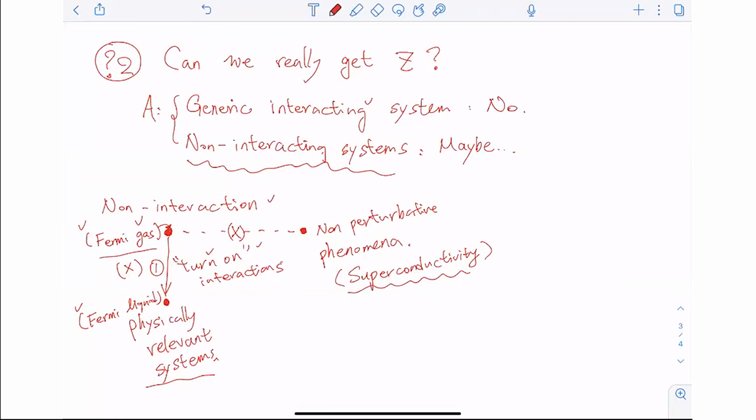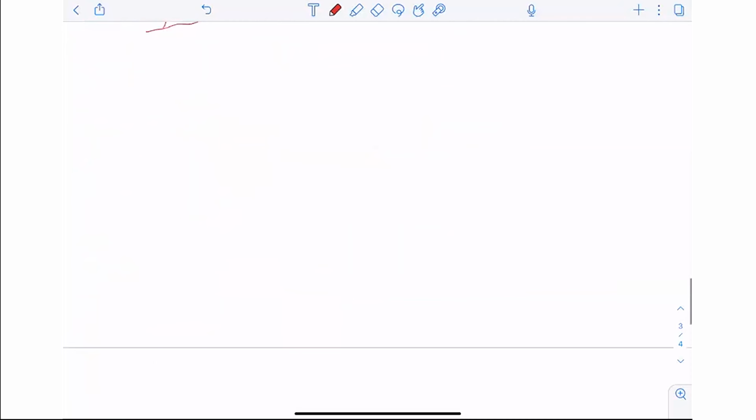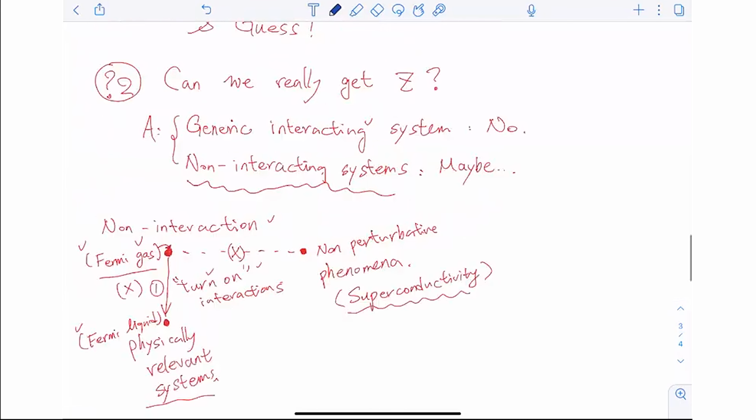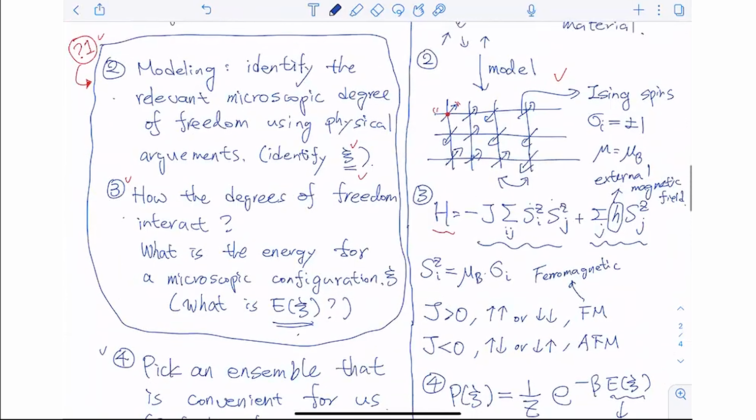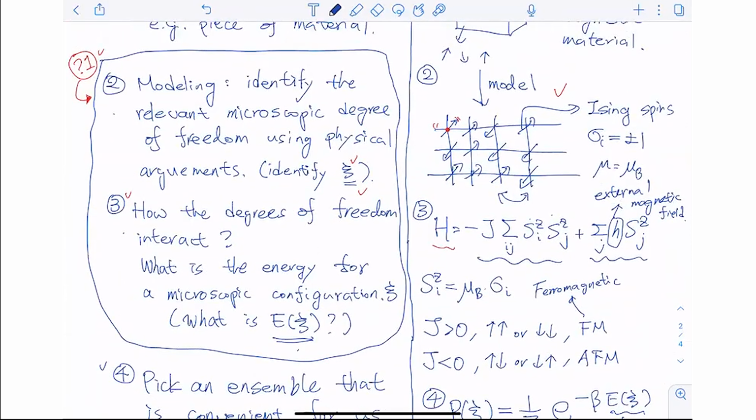Okay, so now we should start our second lecture. So now we have motivated our understanding of statistical mechanics by explaining the procedure for us to describe the problem. Basically there are 4 steps.